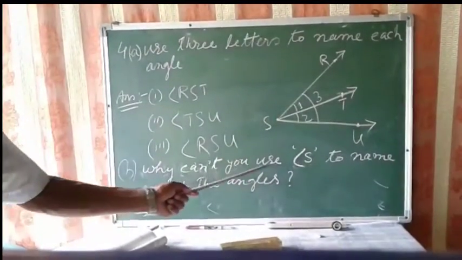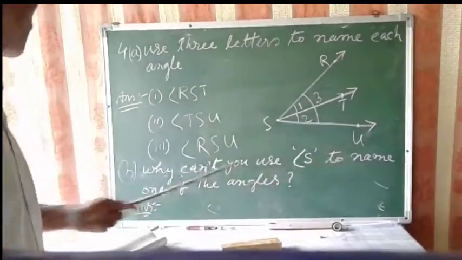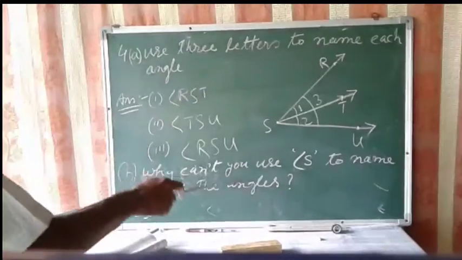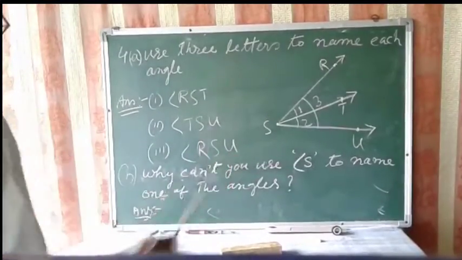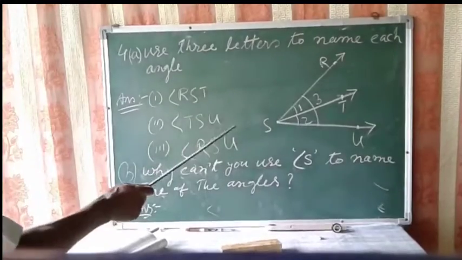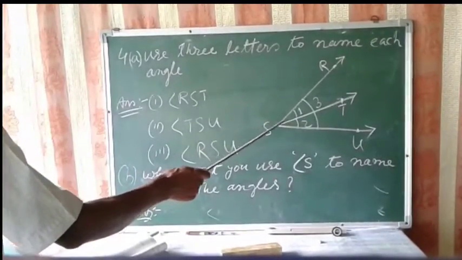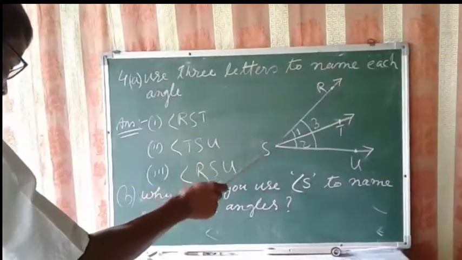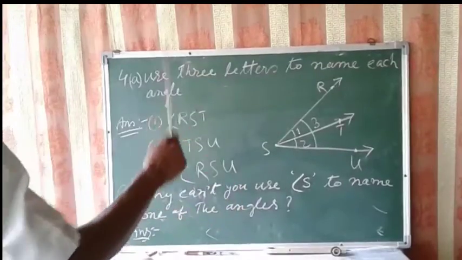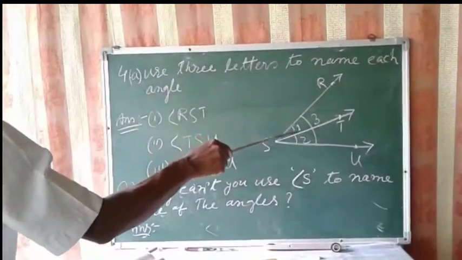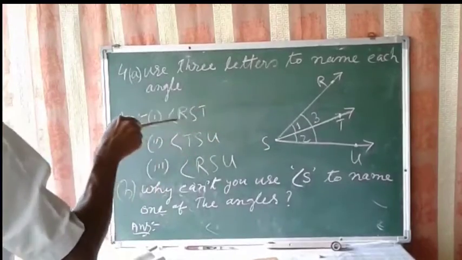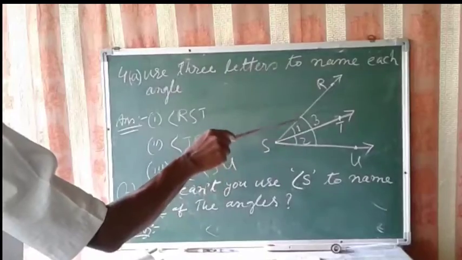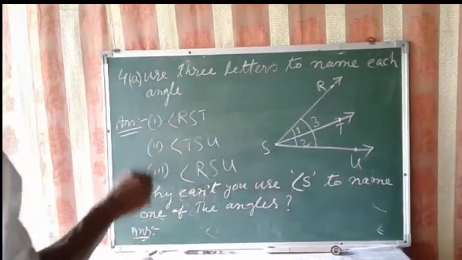Why can you not use angle S to name one of the angles? There are 3 angles, and we cannot name them as angle S, because writing angle S means any of the angles mentioned in part A, not a definite angle.